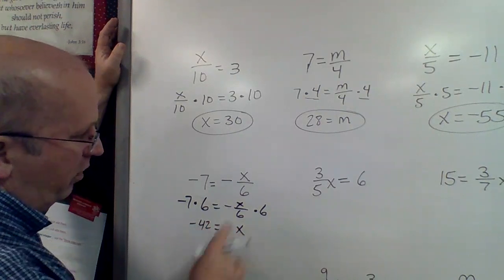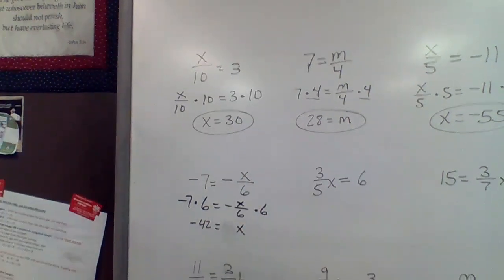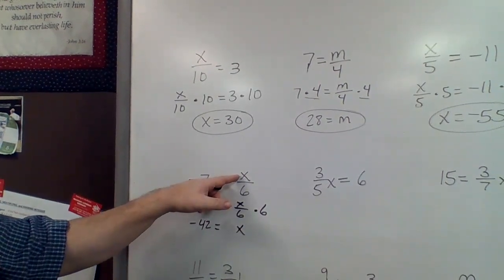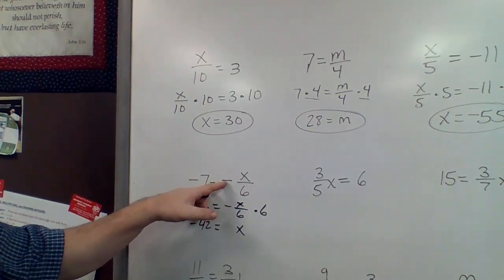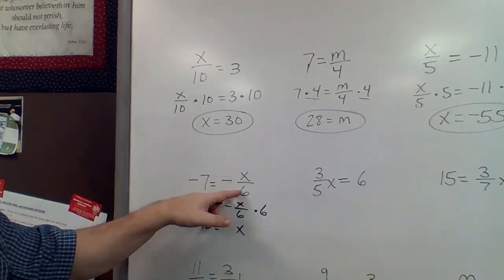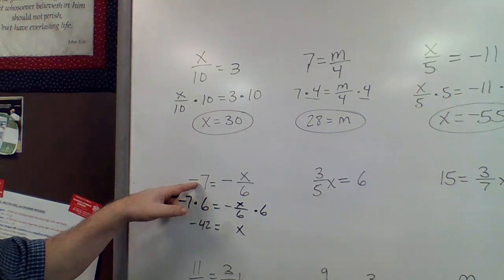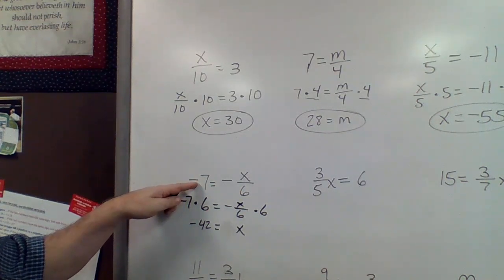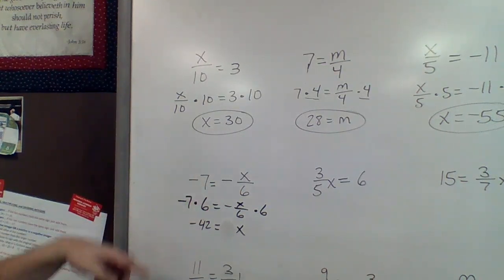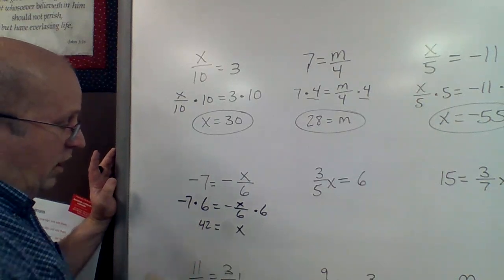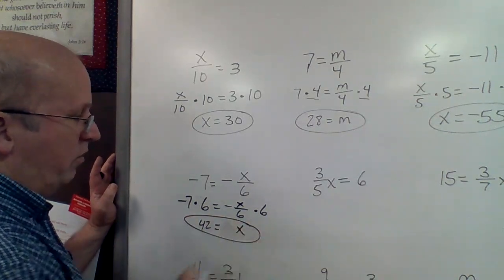So let's think through this. Let's stick a 42 right here. If I stick 42 right here, is the negative value of 42 divided by 6 equal to -7? The answer to that is yes. So x has to be positive 42 in this case.